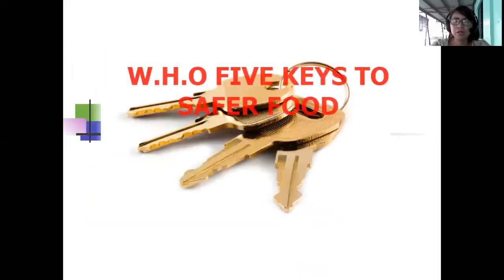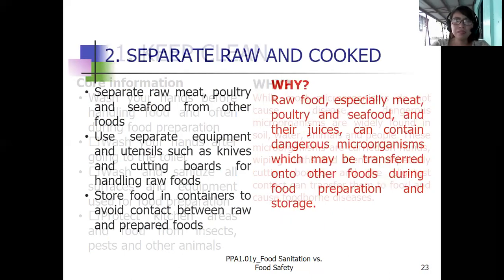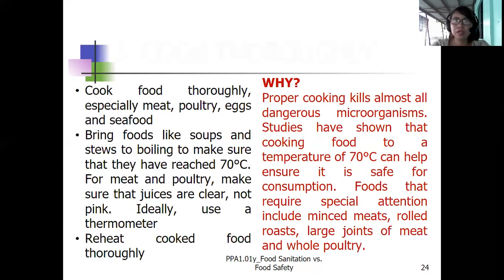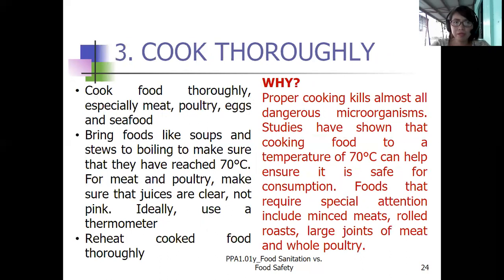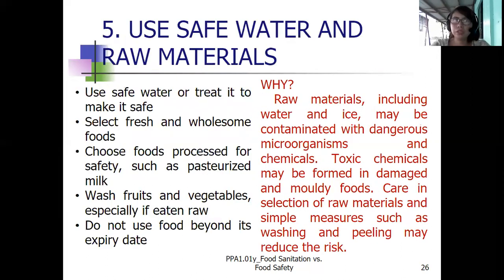Okay, so can you still remember the WHO 5 Keys to Safer Food? It's composed of keep clean, separate raw and cooked, cook thoroughly, keep food at safe temperature, and use safe water and raw materials.